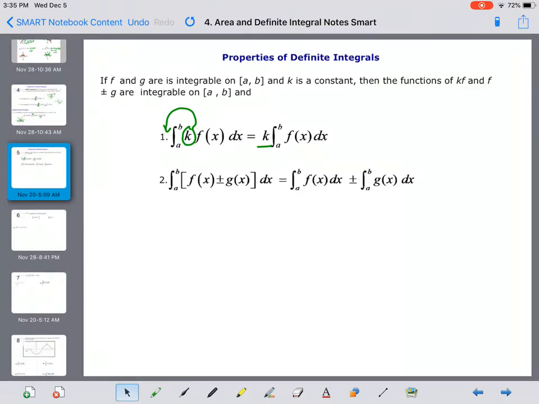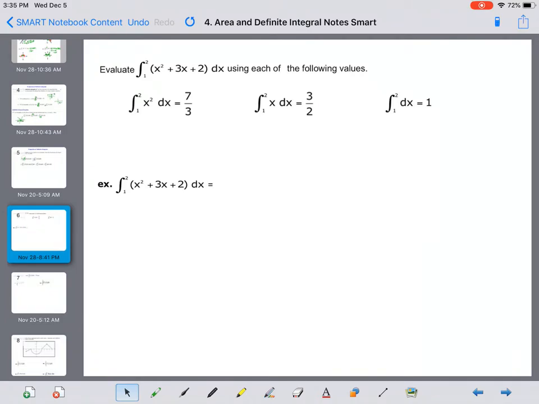So what that means for us is, if we don't know how to do this graph right here by hand, because it's curved and therefore some of our geometric formulas wouldn't work, but we know each individual piece, we can break it up into each term and evaluate it by piece. So for example, I know from previously that we can split it up.